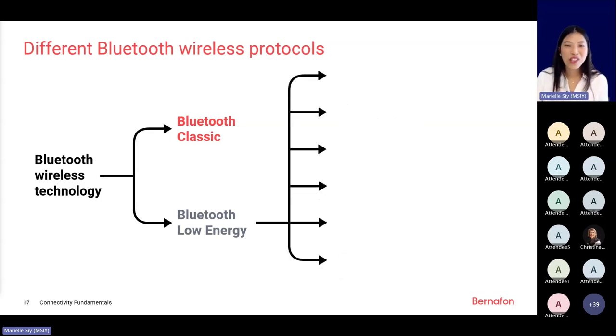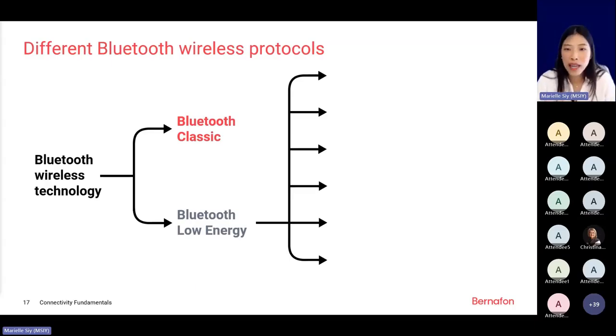To make things even more complicated, Bluetooth Low Energy is not just one protocol, because unlike Bluetooth Low Energy, Bluetooth Classic cannot be modified. Bluetooth Classic is a closed protocol, whereas Bluetooth Low Energy is an open protocol. This means that manufacturers of Bluetooth wireless devices have the option to make modifications or changes to the Bluetooth Low Energy protocol to make it suit their own devices.